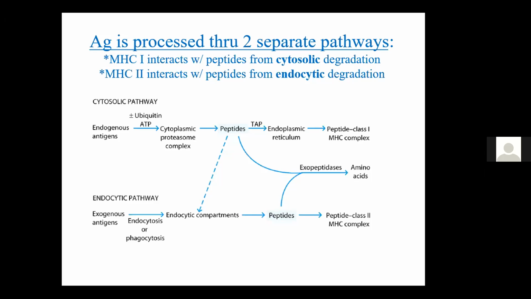class 1. Now, the other pathway we can mention is the endocytic pathway. Why do we talk about endocytic? Remember, antigen presenting cells are phagocytic cells. We talk about the dendritic cells, the monocytes, macrophages, even the B cells.